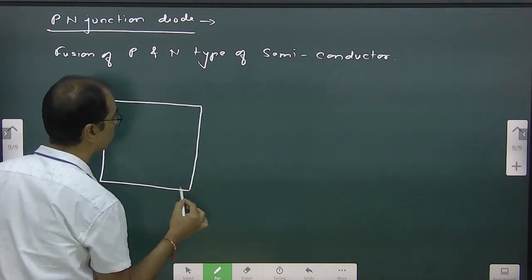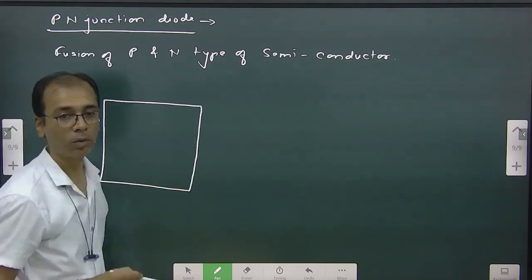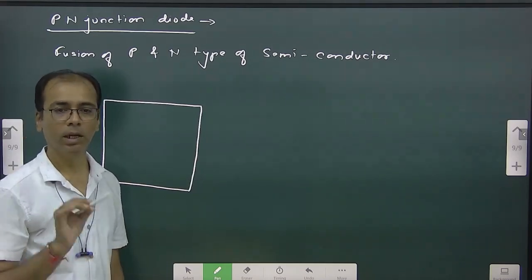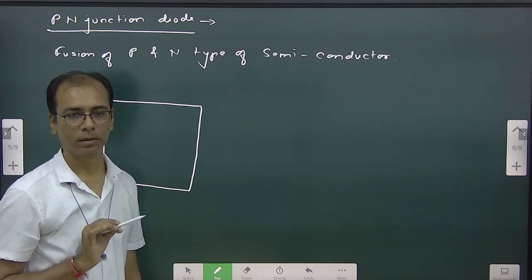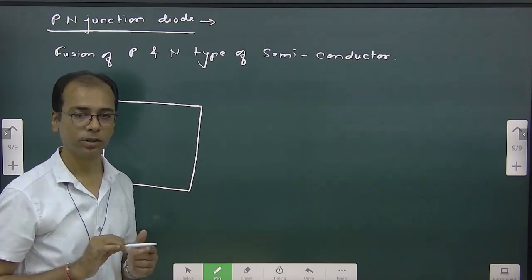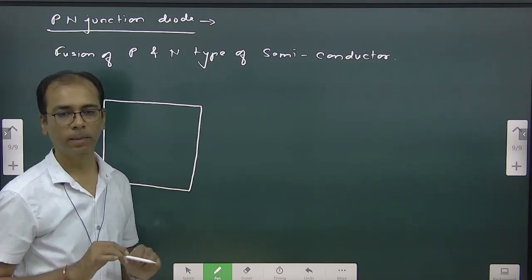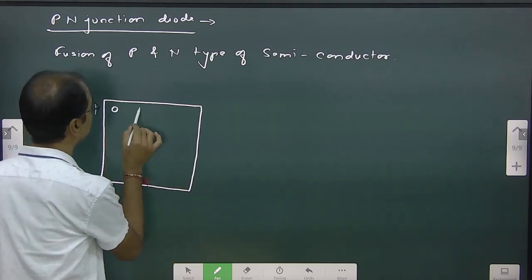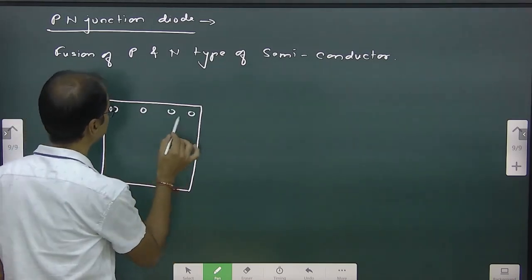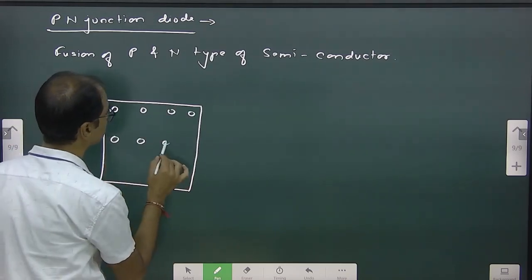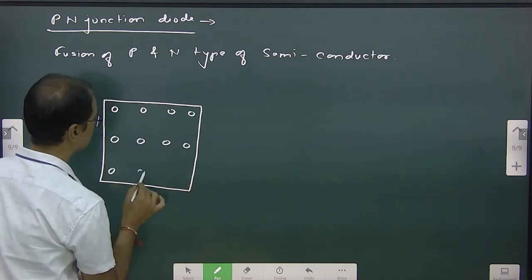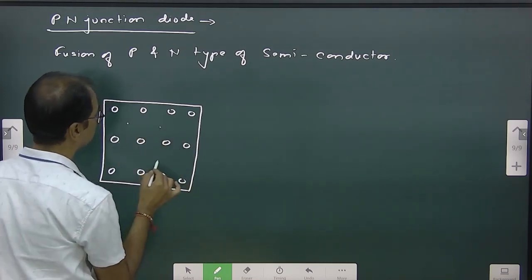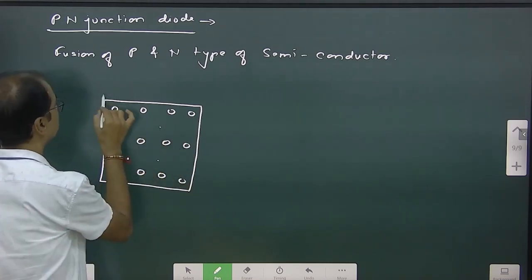P-type semiconductor means it is having maximum holes, and few electrons will be there in the conduction band, and maximum will be holes in the valence band. So how to show that? Maybe we'll show it like this. These are all holes. This is P-type, and few electrons you can show here and there.